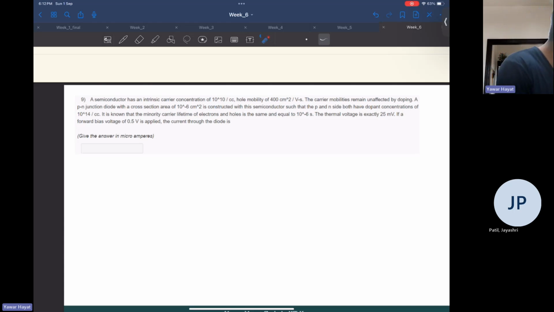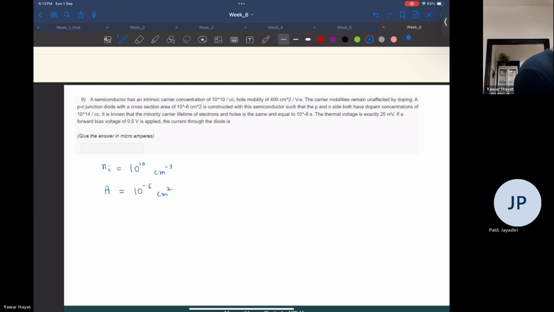Okay, so I gave enough time. Now I'll proceed to solve this question. Your Ni is 10 to the power 10 per centimeter cube. Your area of cross section A is 10 to the power minus 6 centimeters square. What about hole and electron mobility?